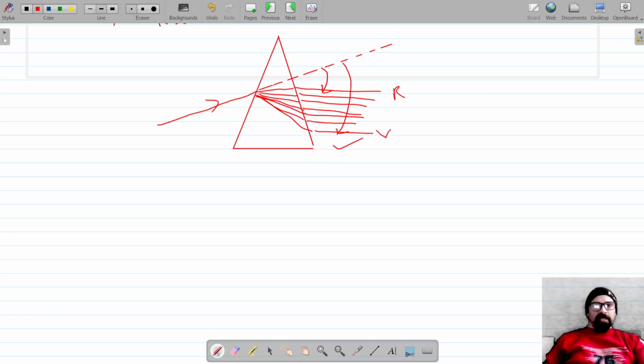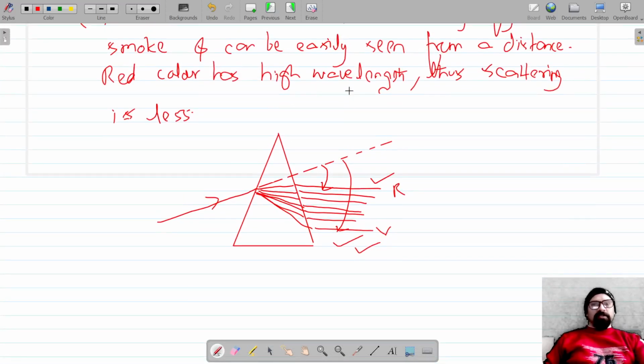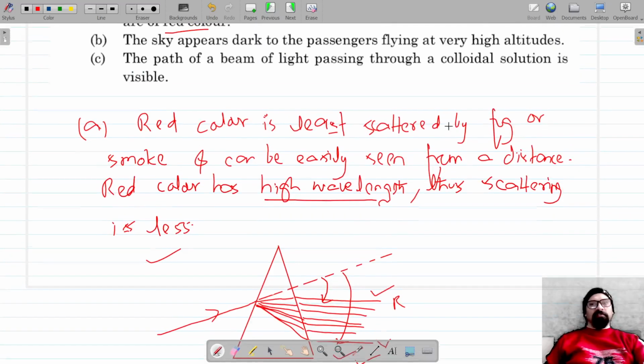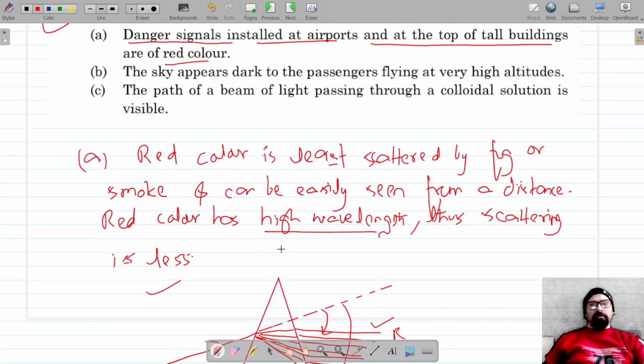Violet has the largest deviation, so its wavelength is smaller, and red has the largest wavelength. So red color has high wavelength, thus it bends least and the scattering is less. That's why red color is least scattered by fog or smoke and can be easily seen from a distance.